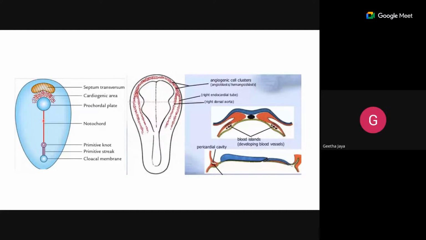If you know this orientation only, you will be able to understand the folding. Then you have the cloacal membrane dorsally.